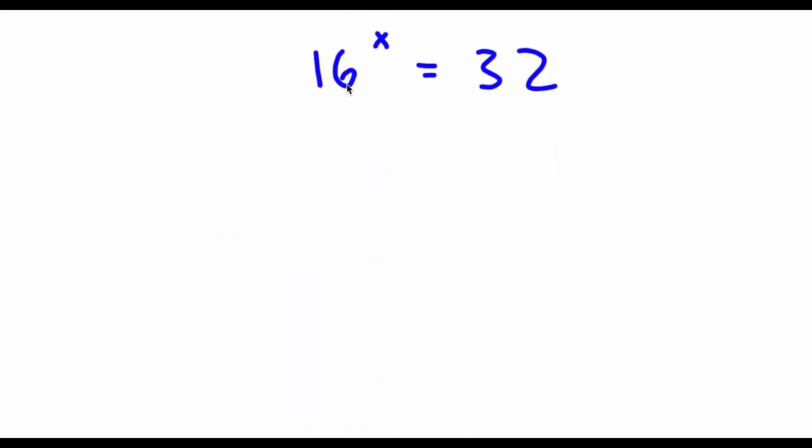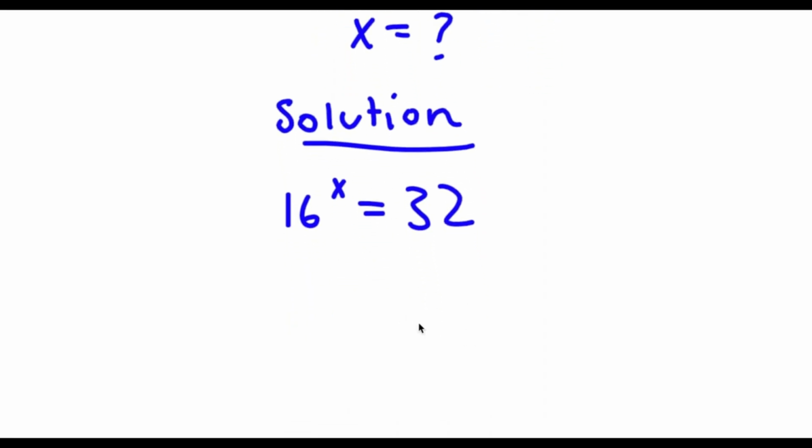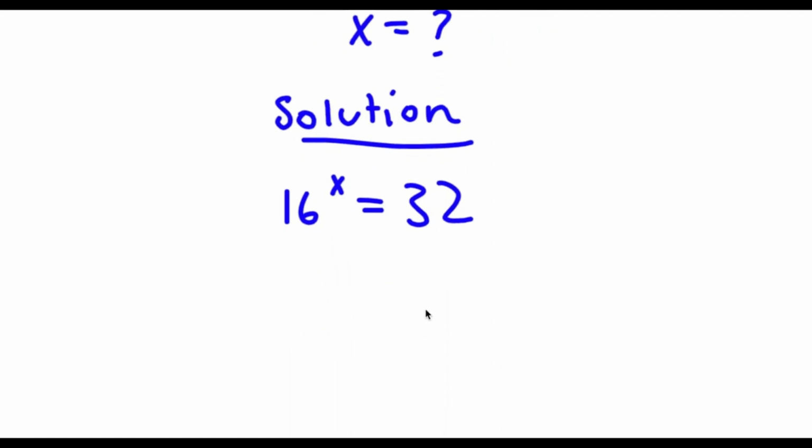Alright, so I have 16 to the power of x is equal to 32. Right here, I want to find the value of x. So for my solution, first start with 16 to the power of x is equal to 32. 16 is the same thing as 2 to the power of 4.